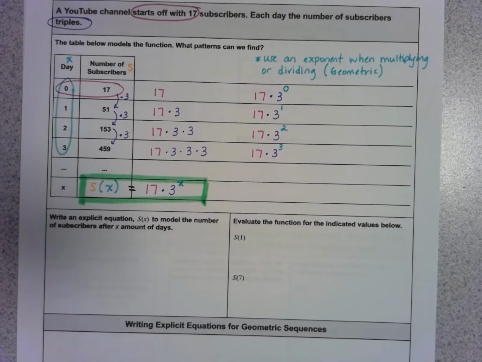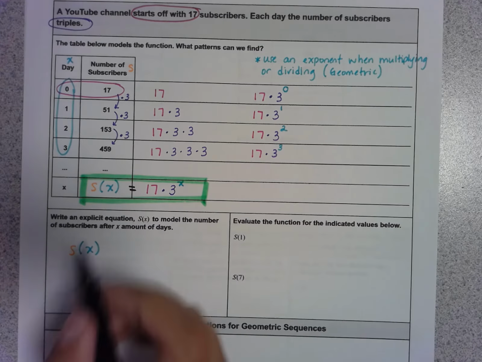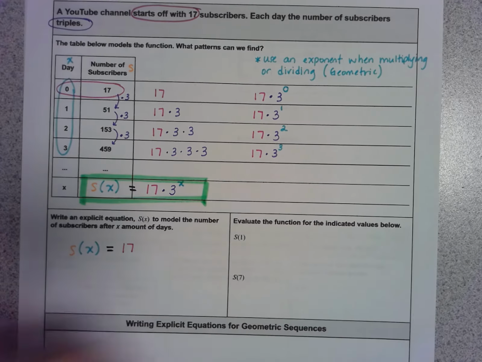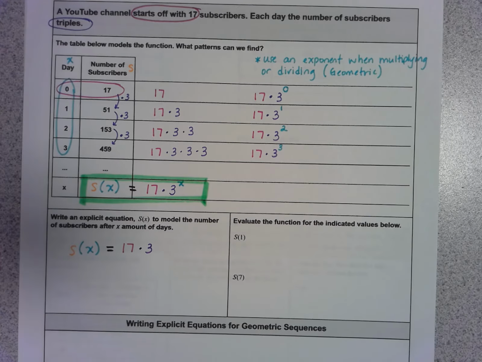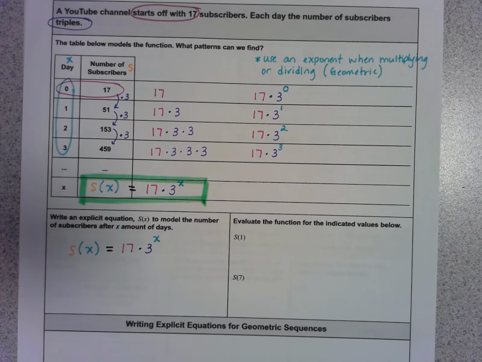So this explicit equation would be S of X is equal to our starting value, which is 17, times 3, because that was the pattern, and I'm going to do that X times, so the exponent is X.